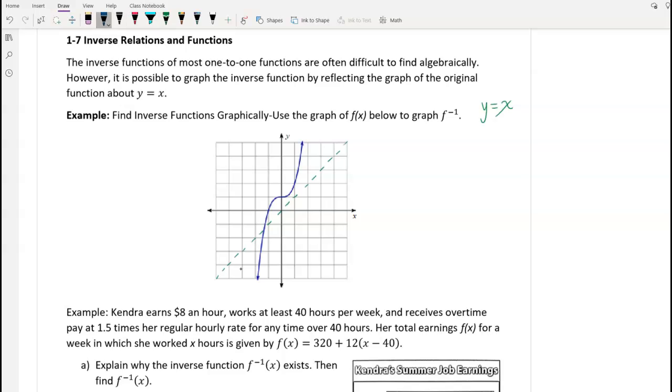So now all you're going to do is reflect across the line y equals x to find f inverse. If I'm at (0, 1), I'm going to be at (1, 0). If I'm at (-1, 0), I'm going to be at (0, -1).